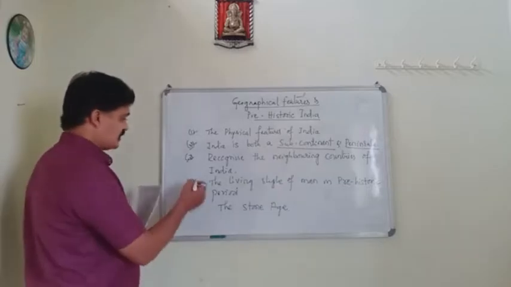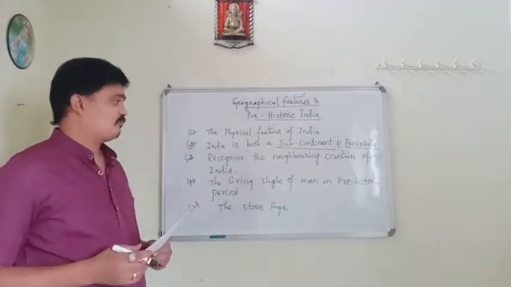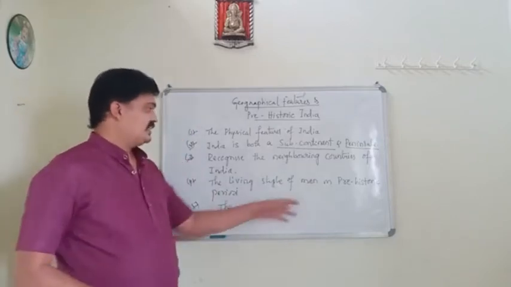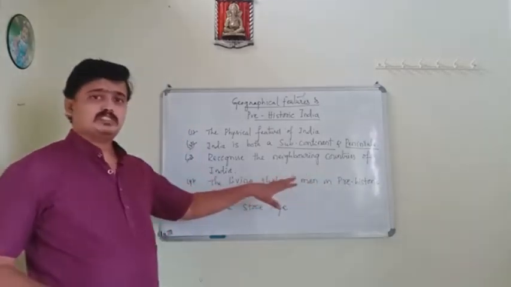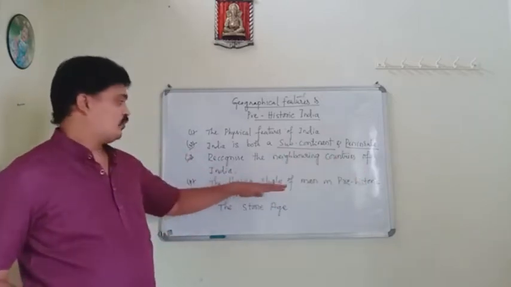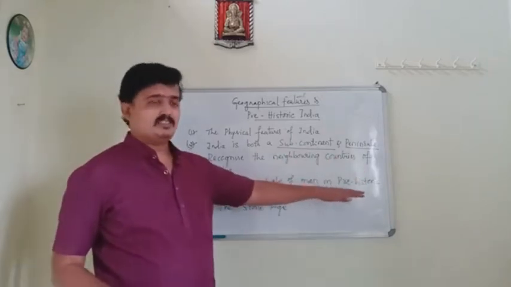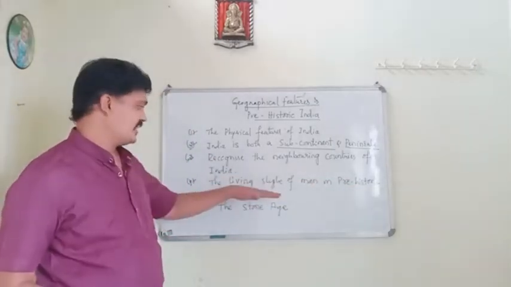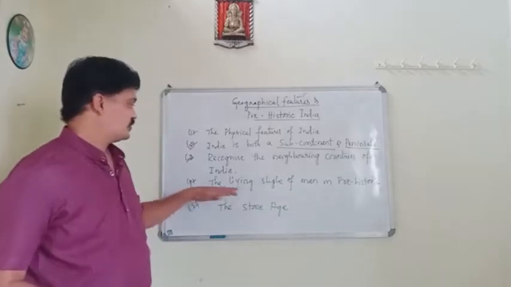And afterwards, we are going to learn the living style of man in the prehistoric period. The prehistoric period means 12,000 years ago. What was the style of the man in this period, and how were the people? That we are going to learn in this point.